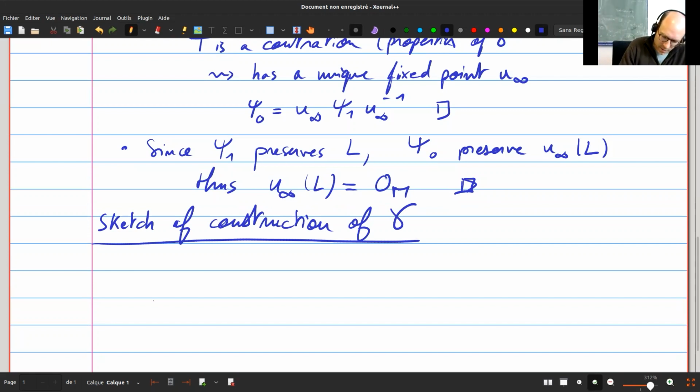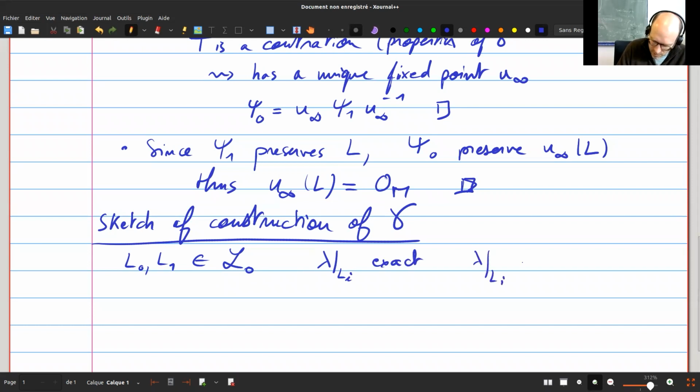Okay, so we take L0 and L1 to be two exact Lagrangians in the cotangent bundle, let's say. Since they are exact, by definition, this means that the Liouville form restricted to Li is exact, so we can write it as dfi for some fi.